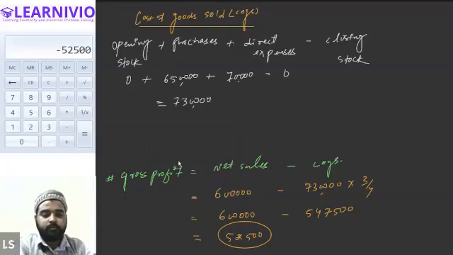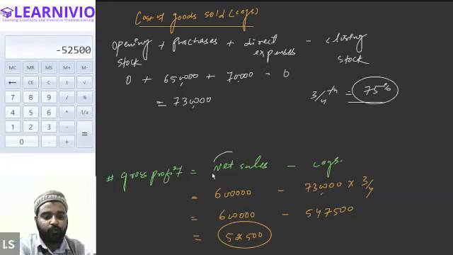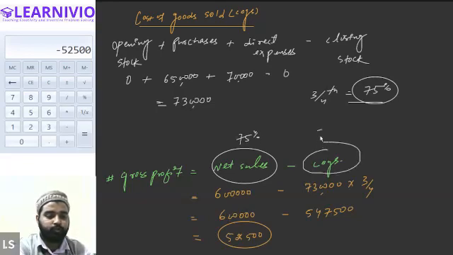Alexander, we are basically finding the value of the gross profit, but because only 3/4 of the goods have been sold in the market, that means only 75% of the goods has been sold. So if we are taking the sales value of 75% of the goods, then we will also have to take 75% of the cost only.